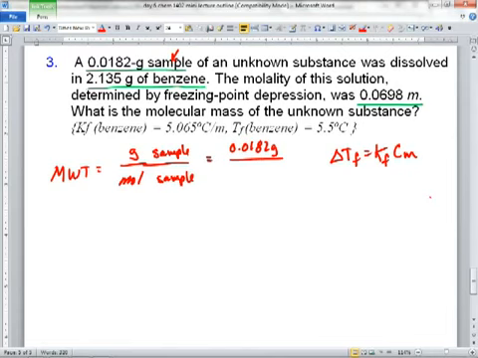Oh, there it is. If you use the molality equation, right? Because don't we know what the little cm is? What's the little cm going to equal? Yeah, that's 0.0698. They told us what it was.